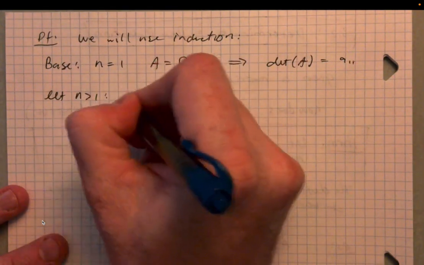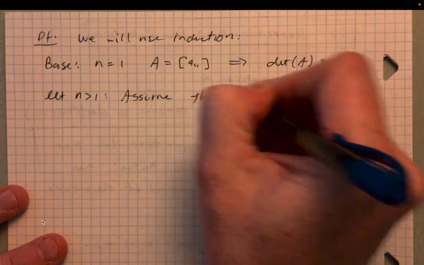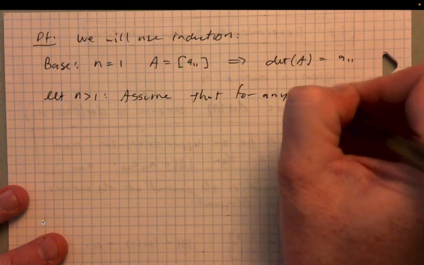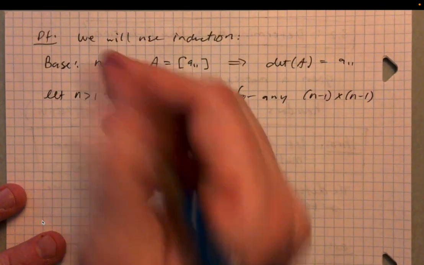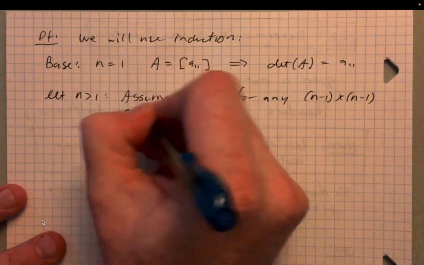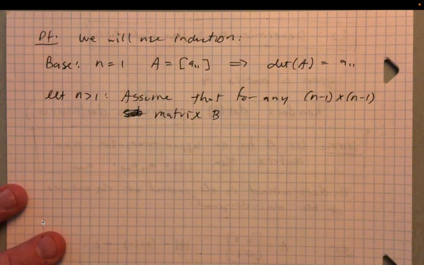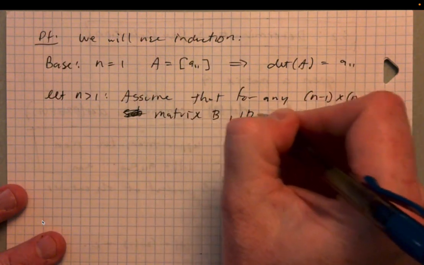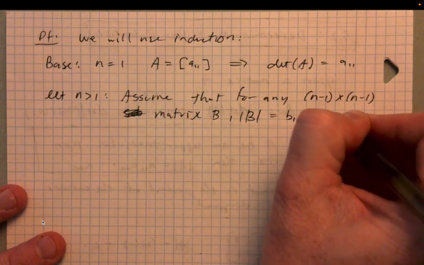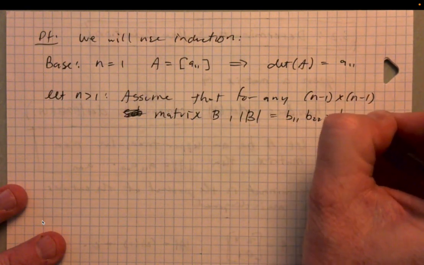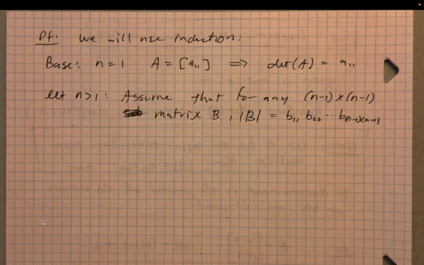So assume that for any n minus 1 by n minus 1 matrix B, the determinant of B is equal to B11, B22, dot, dot, dot, B(n-1)(n-1). Okay, so that's the induction hypothesis. That's what we're going to assume.